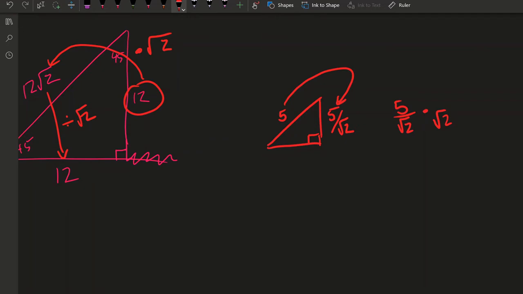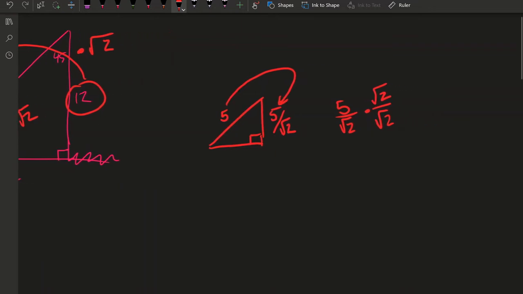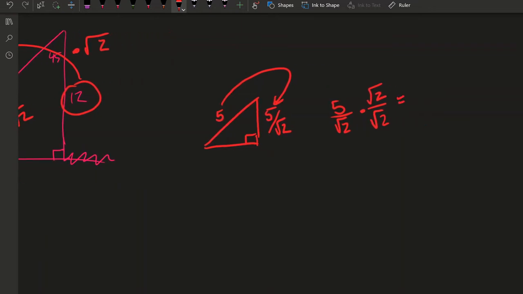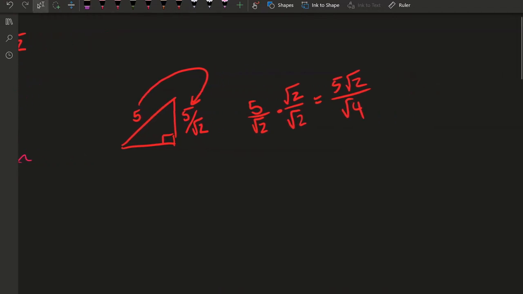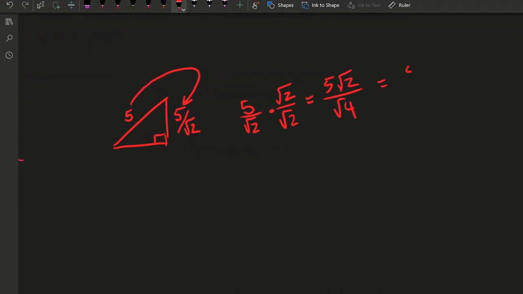However, since it's a fraction, if I multiply something to the denominator, I have to multiply it times the numerator to keep it a proper fraction. So 5 times the square root of 2 is just that, 5 square root of 2. Square root of 2 times the square root of 2 is the square root of 4, but we know that the square root of 4 is 2, so I get 5 square root of 2 over 2, and that's that.